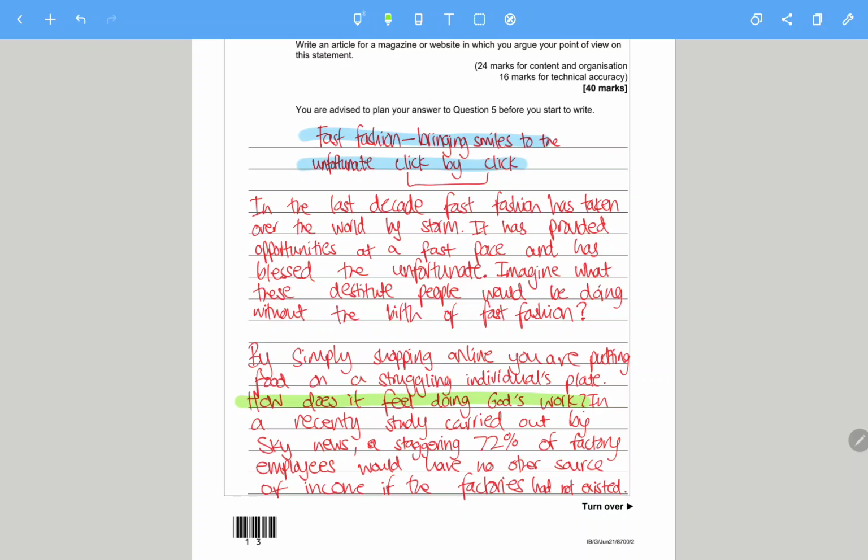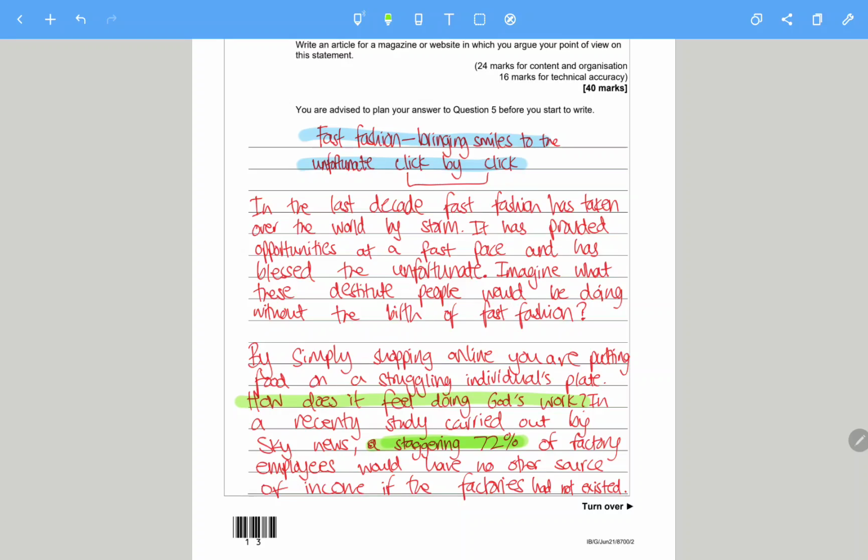And also, when you write, make sure you are being cautious with your spelling. In a recent, I think I was just writing quickly, but anyways, in a recent study carried out by Sky News, a staggering 72%. Okay, so that's using the 222 rule.